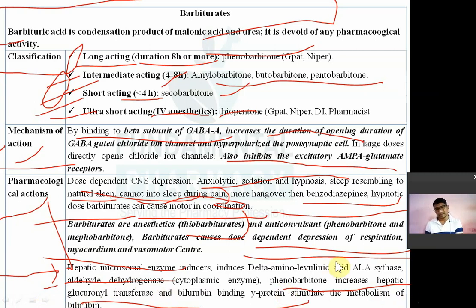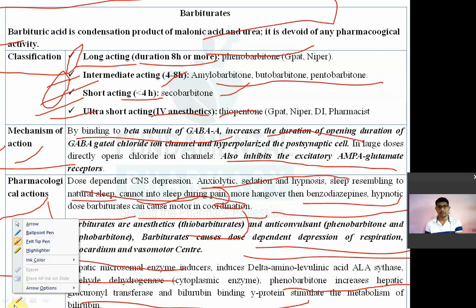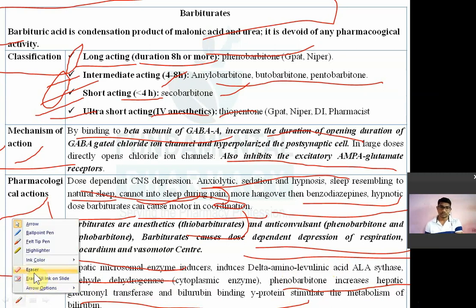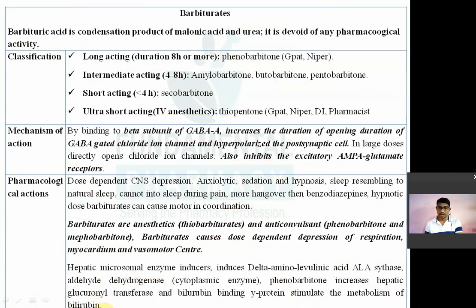So this property can be utilized in another condition, for example neonatal jaundice. When a child has jaundice, we give phenobarbital. You may ask, sir, phenobarbital is a sedative hypnotic, so how will it work for jaundice? Because it increases the hepatic glucuronyl transferase enzyme and bilirubin binding protein and stimulates the metabolism of bilirubin. Now what happens in jaundice? In jaundice there is an increased level of bilirubin in the blood.